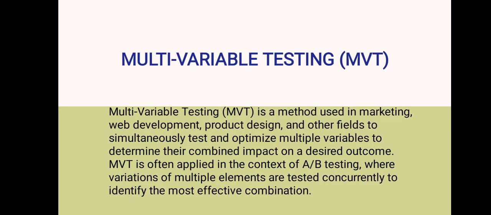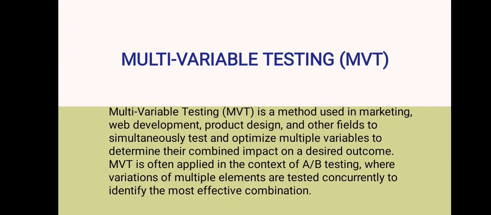Next is multivariable testing. So what is multivariable testing? It is a method used in marketing, web development, product design, and other fields to simultaneously test and optimize multiple variables to determine their combined impact on a desired outcome.